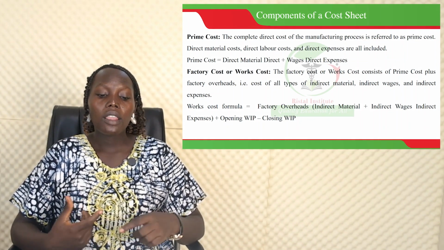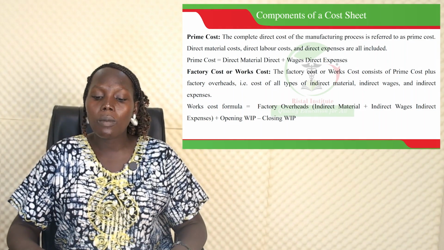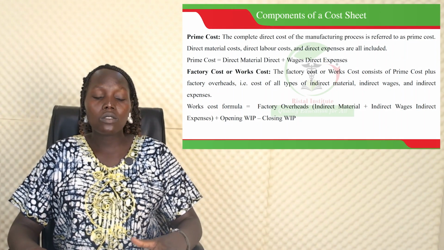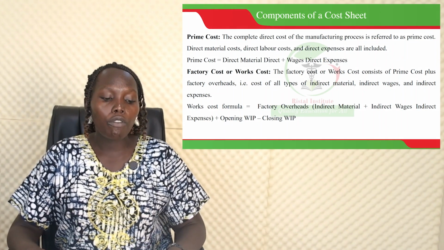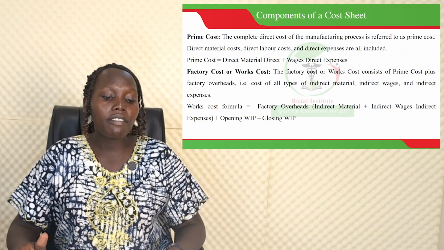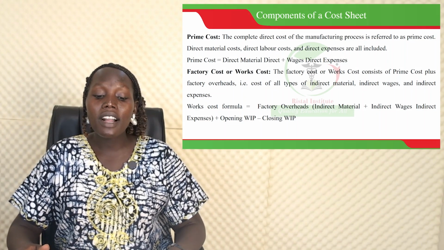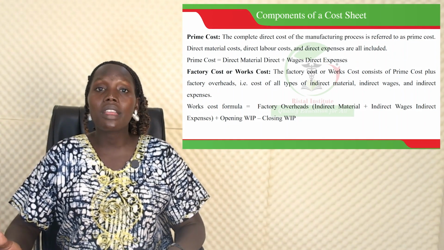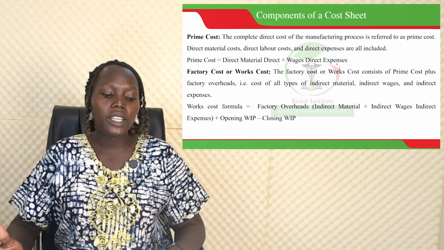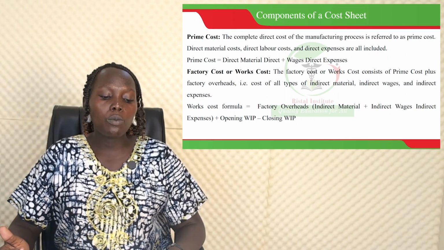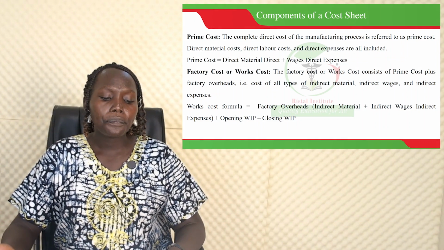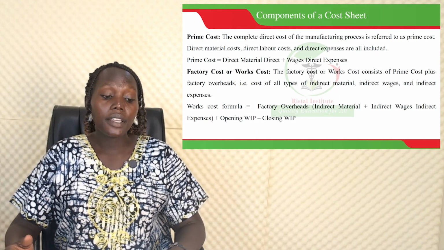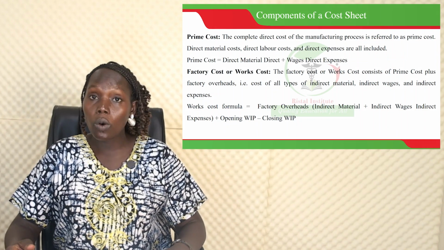The factory overheads include the cost of all types of indirect materials, indirect wages, and indirect expenses, plus the opening work in progress minus the closing work in progress to get the works cost.